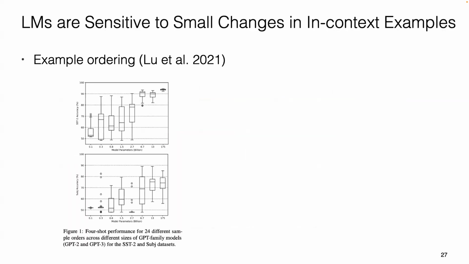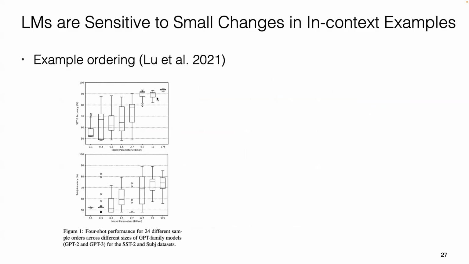Okay, and then this one was discovered a while ago, and it's pretty much held consistent even in the new models, which is that the models can be sensitive to certain changes. One is you can reorder the few-shot examples. This is showing, for 24 different orders, the variation in performance.